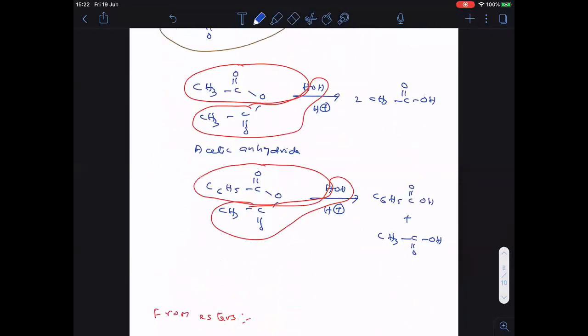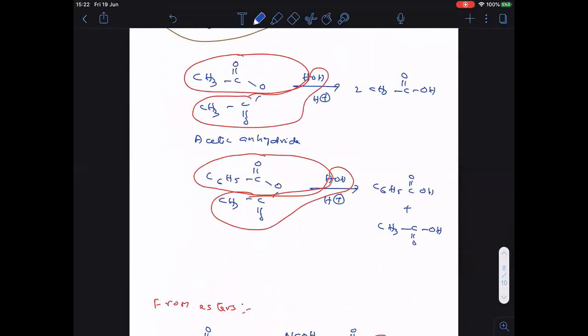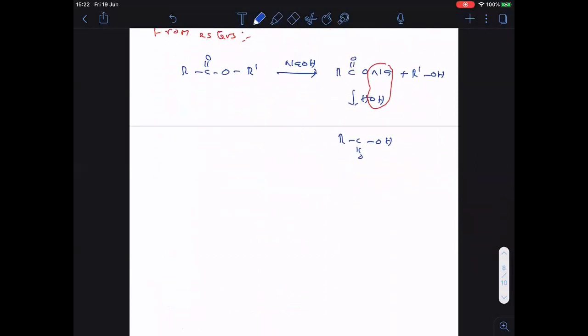Here, these are some examples. Then this is from esters.